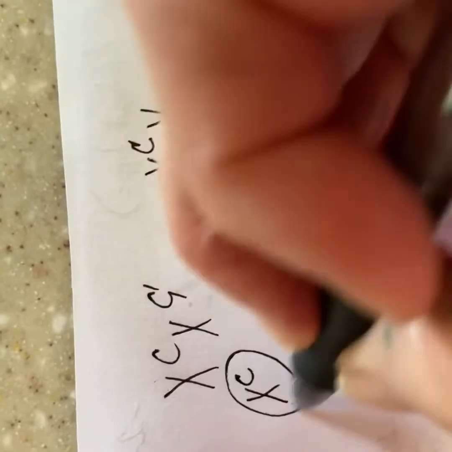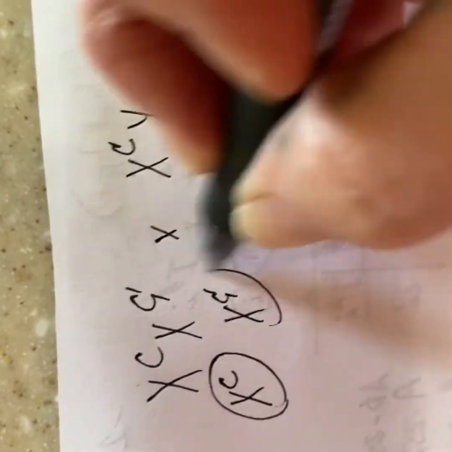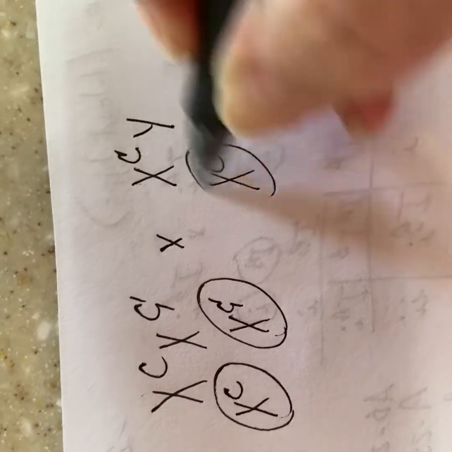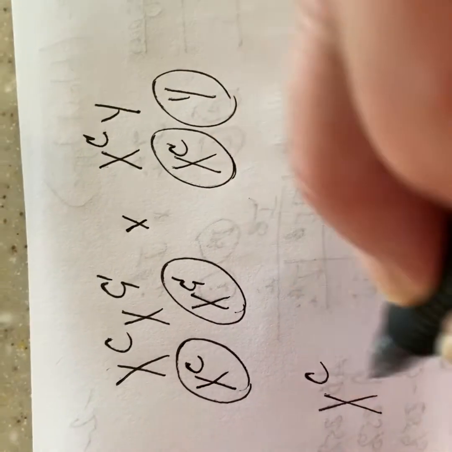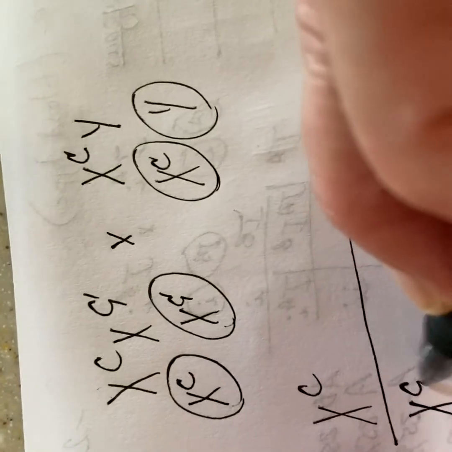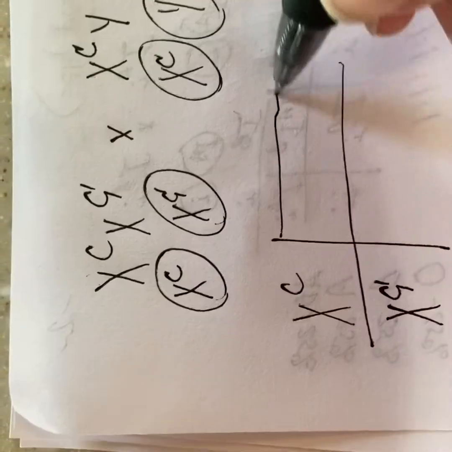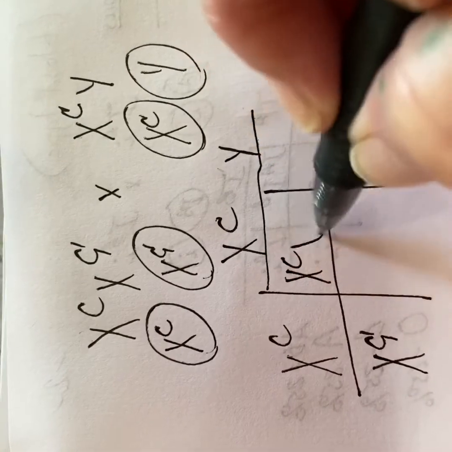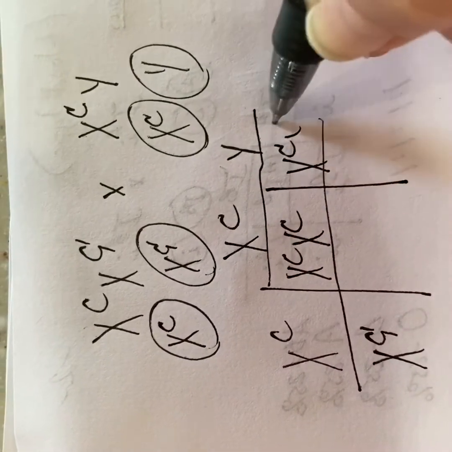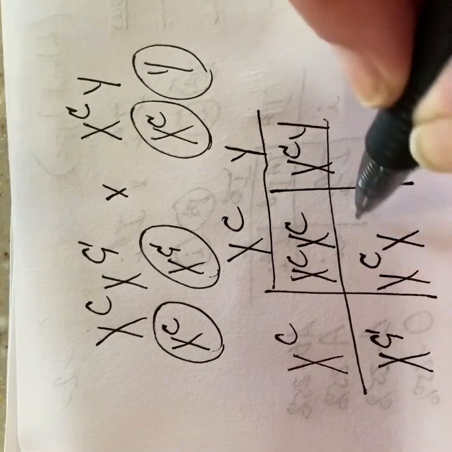Her gametes would be like this. His gametes would be like this. If we put them in a Punnett square, we would do our cross like this.